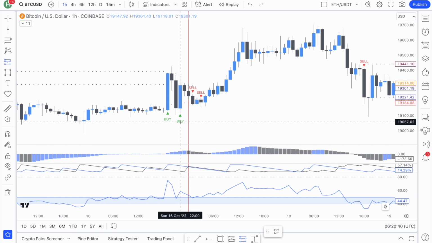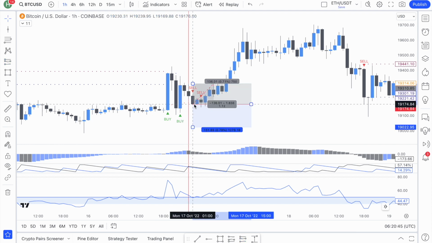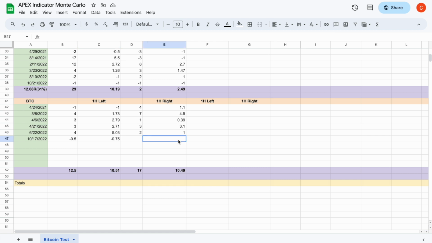Yeah, that kind of sucks. But it happens. So stopped out, minus 1 and then minus 0.3. I prefer whole numbers, but I couldn't do it with that one.